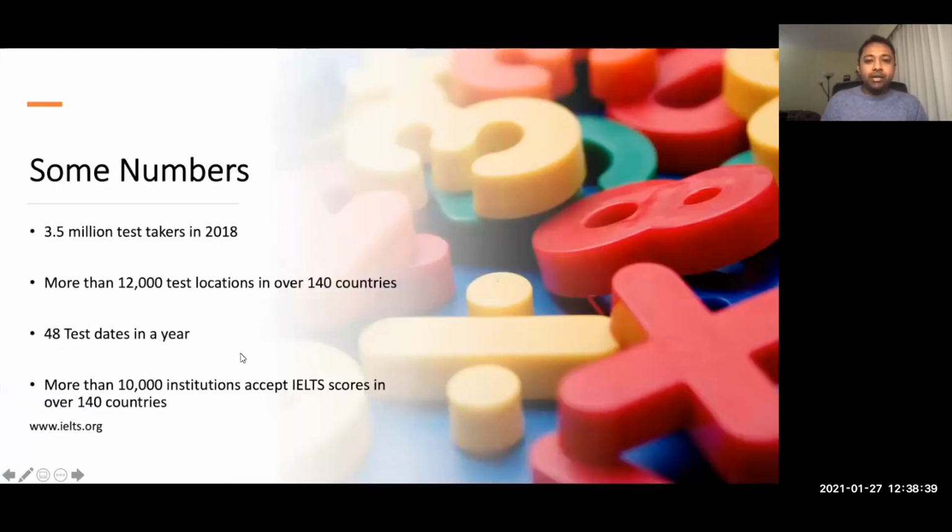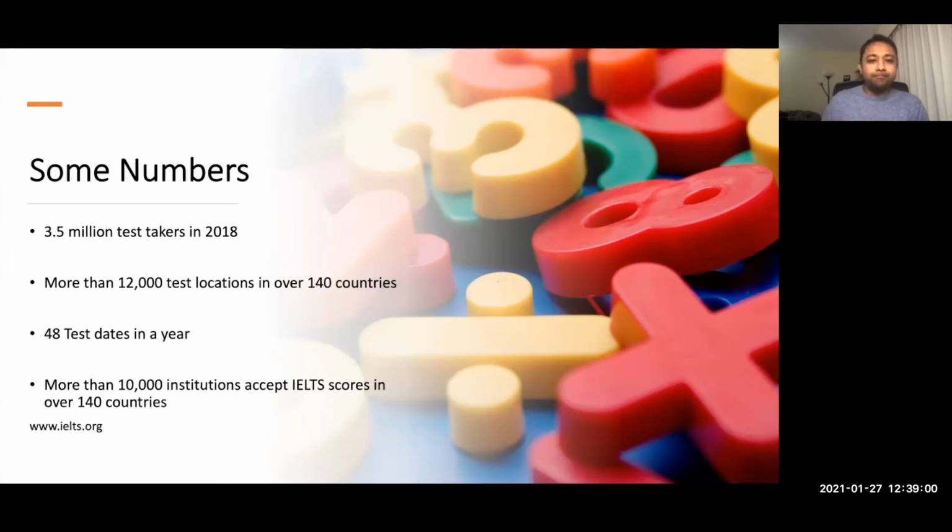All right, some numbers really quickly. We had 3.5 million test takers in 2018, about 48 test dates in a year, so it happens throughout the year.